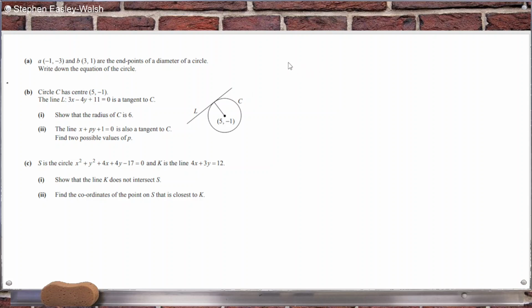So you have 6 equals modulus of 5 plus p times minus 1 plus 1, over root 1 plus p squared.